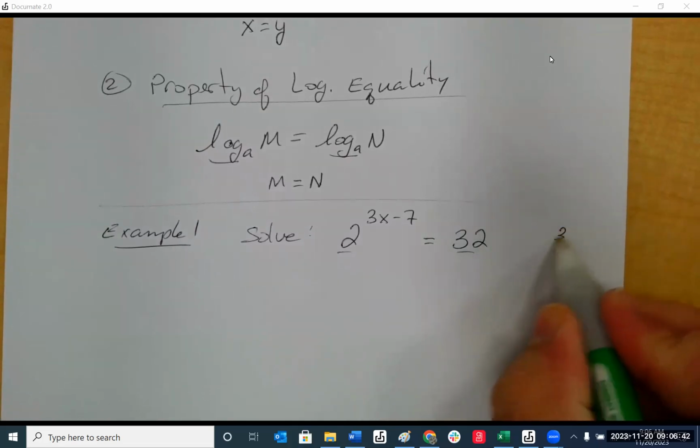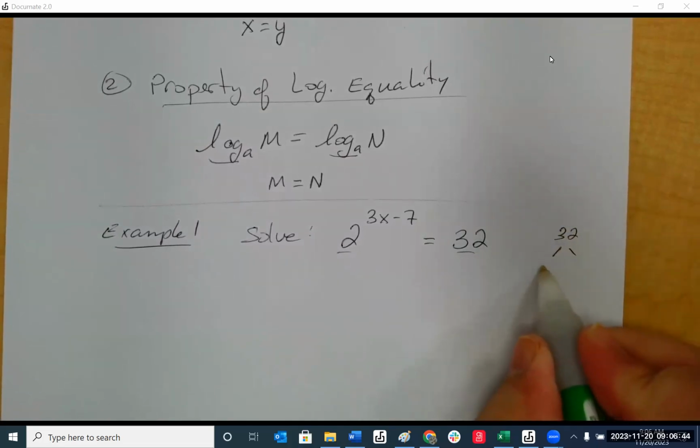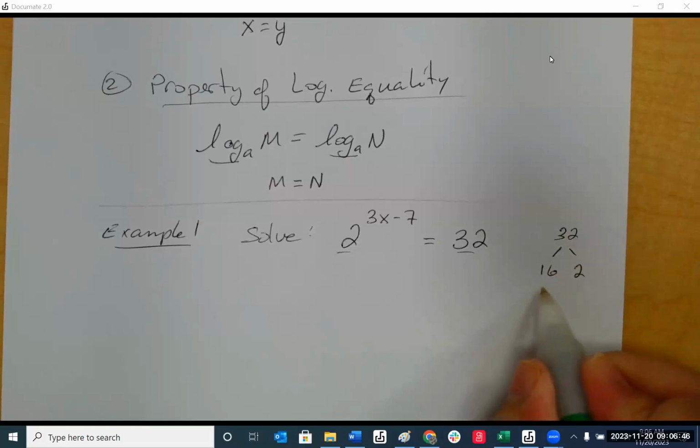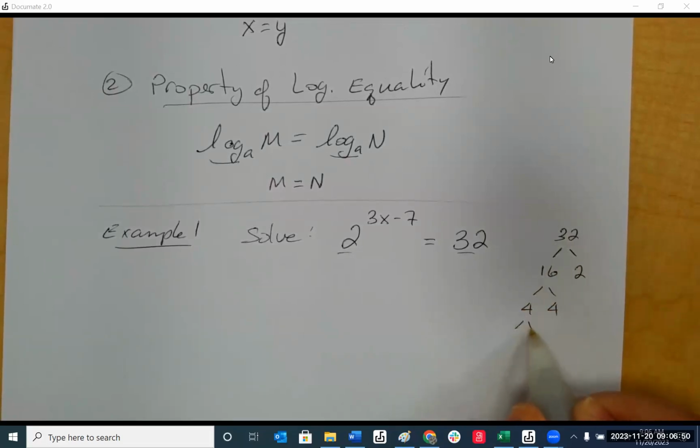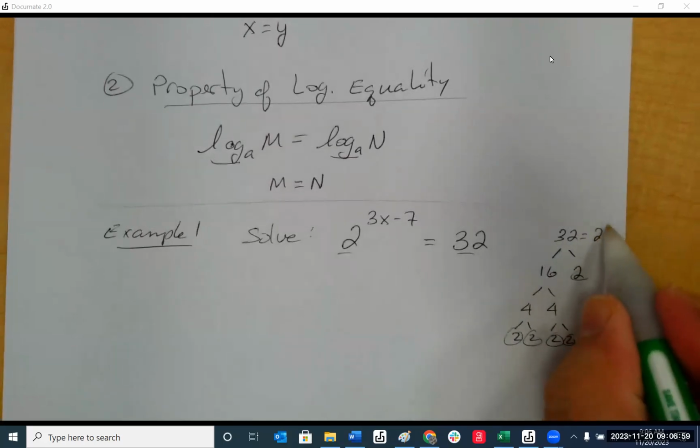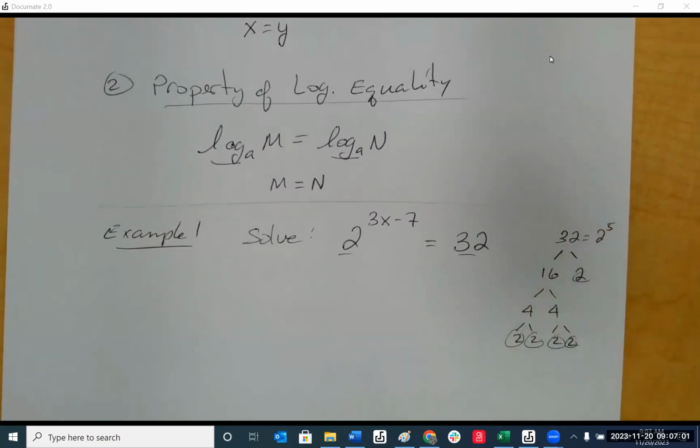So what's 32 made up of? 16 times 2. 16 is 4 times 4, 2 times 2. So we have 1, 2, 3, 4, 5. 32 is 2 to the 5th. There are 5 2's that make up 32.